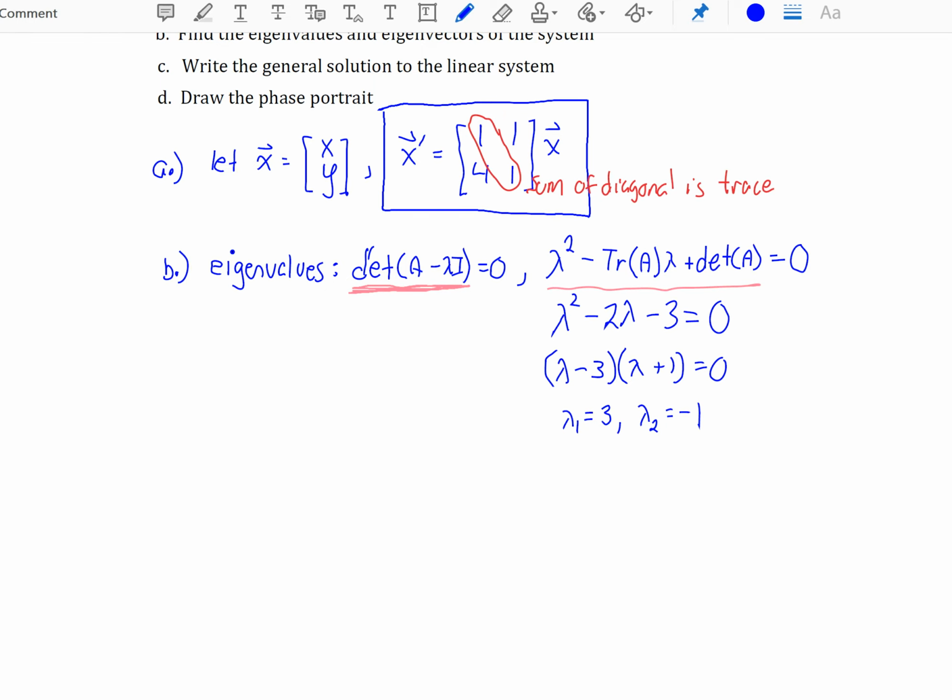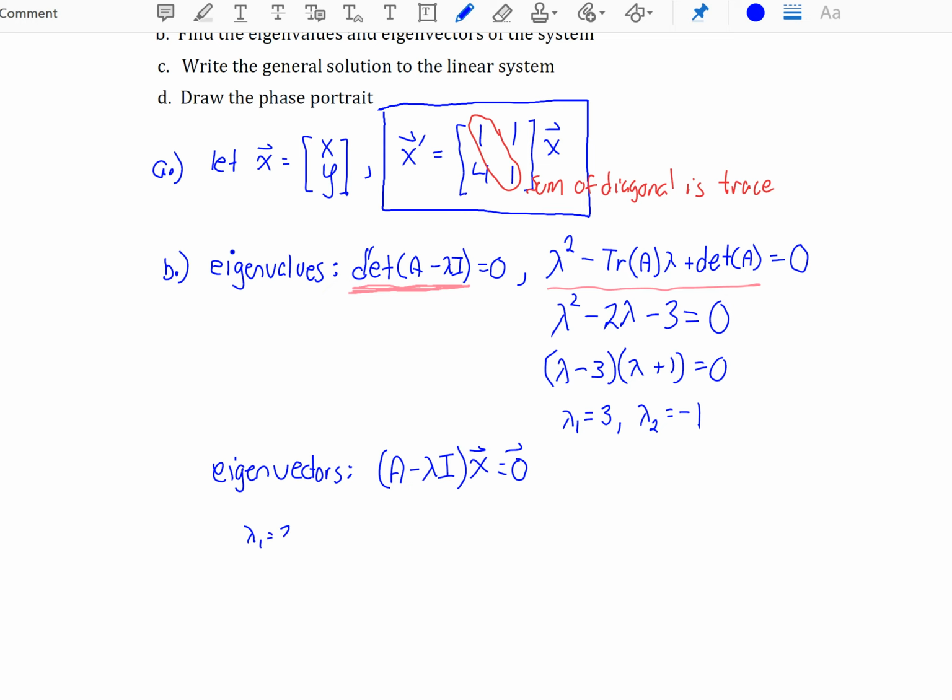Okay. We now want to find our eigenvectors. To find our eigenvectors, we look at the equation A minus lambda I times some vector x is the 0 vector. And we'll do this for each of our eigenvalues.